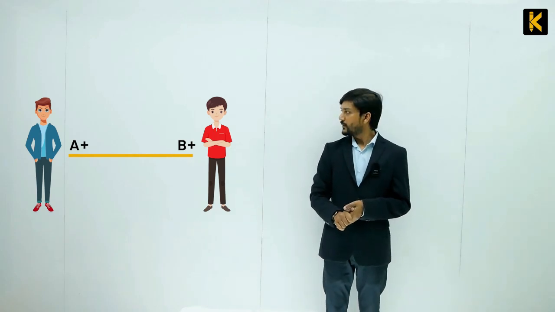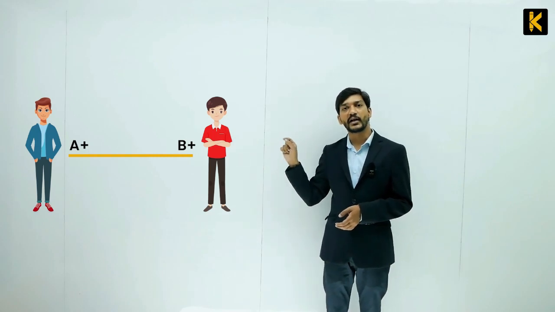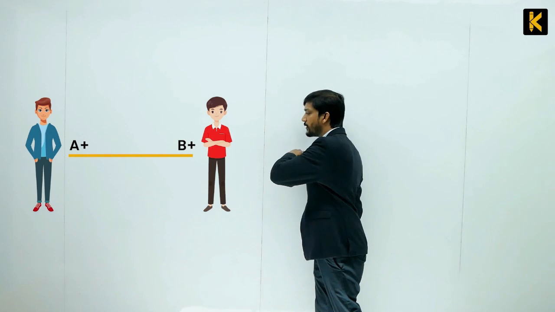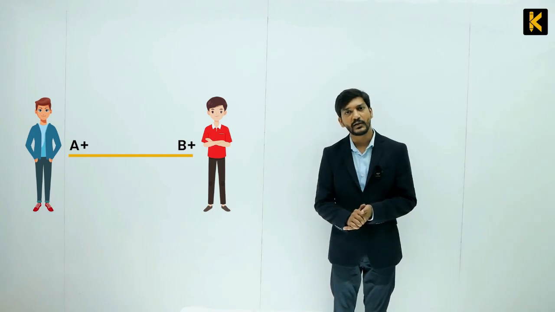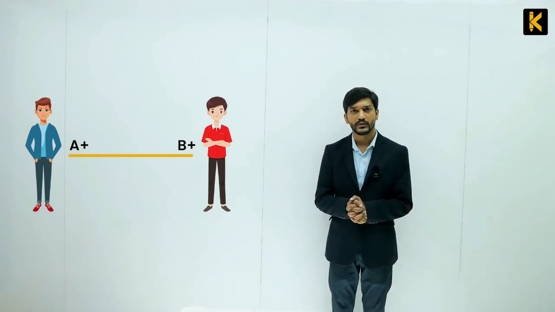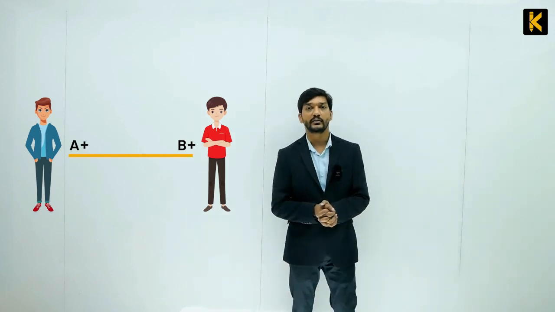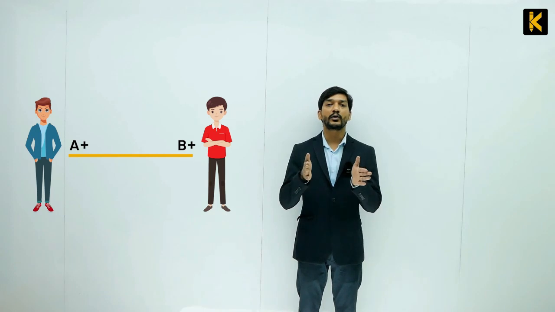Now I have shown both male persons at the same level, so that means they belong to the same generation. Which two persons belong to the same generation and share a very close relation with each other?